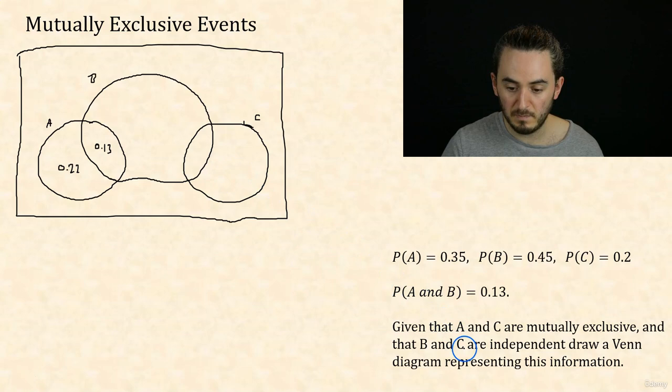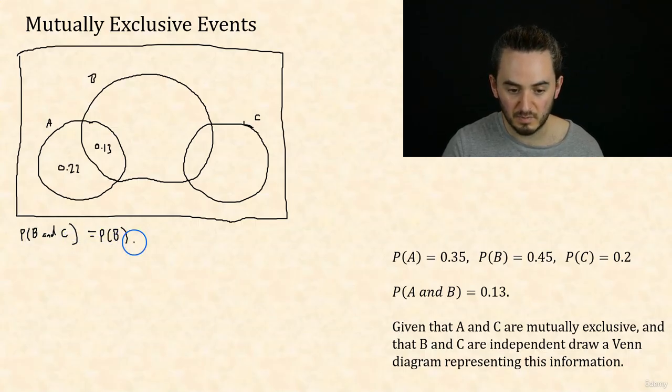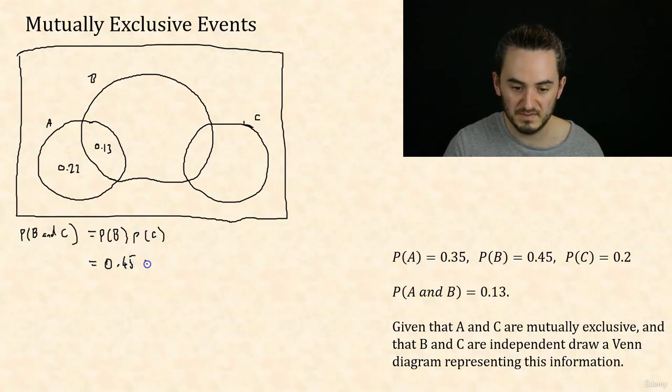There's not a great deal else that I can fill in immediately, but I can use the fact that B and C are independent, because if they're independent, then the probability of B and C is the probability of B times the probability of C. The probability of B is 0.45 and the probability of C is 0.2. So we can just multiply those two together, and we get 0.09.